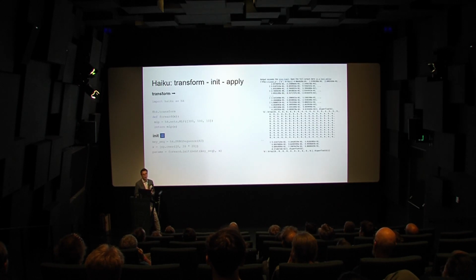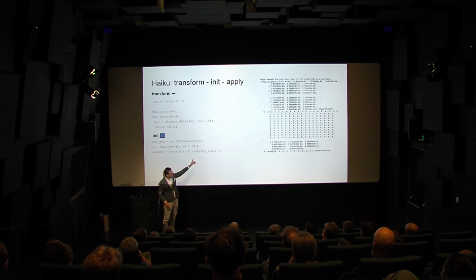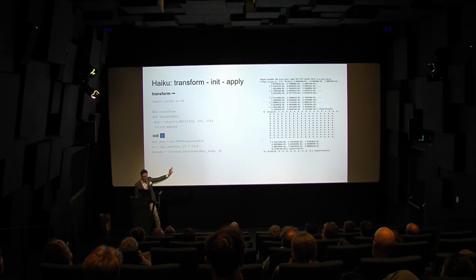And the second step is to run init, which is a way to initialize the network. So here I just take some input features. It doesn't matter what they are, but you pass in a pseudo-random number generator key, and then you can see on the right this is the pytree.